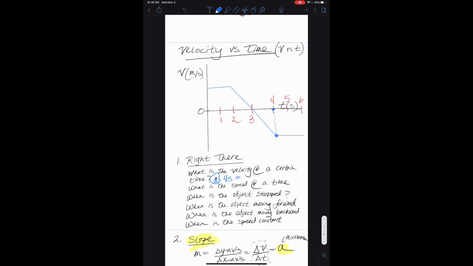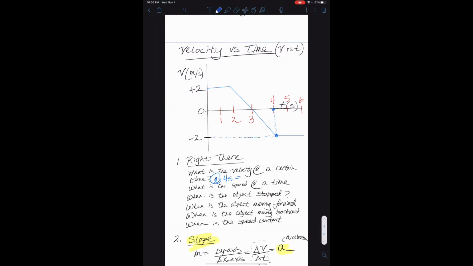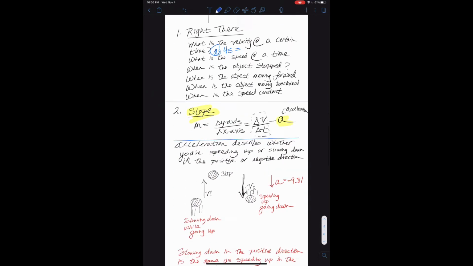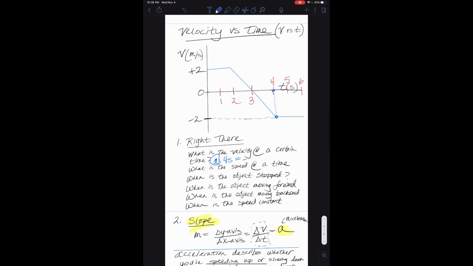The velocity would be whatever this point is, which I forgot to give a value, so I better do that. Let's say that this value right over here is -2. And up here, +2. So the velocity at 4 seconds is -2 meters per second.